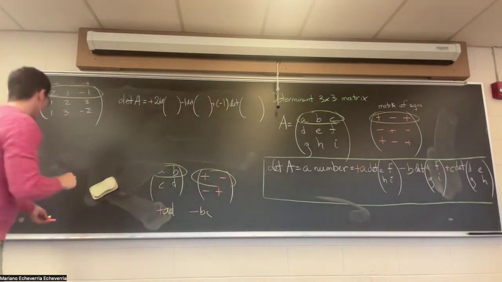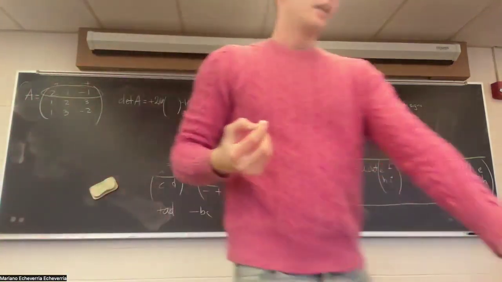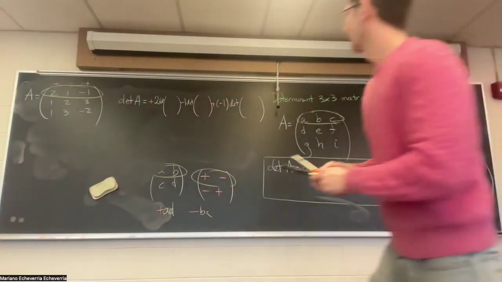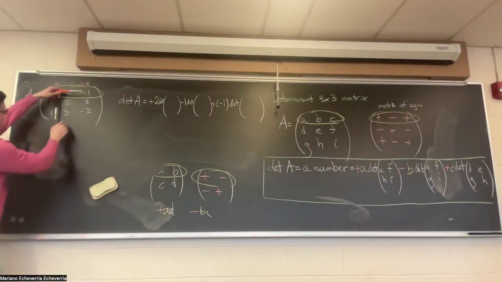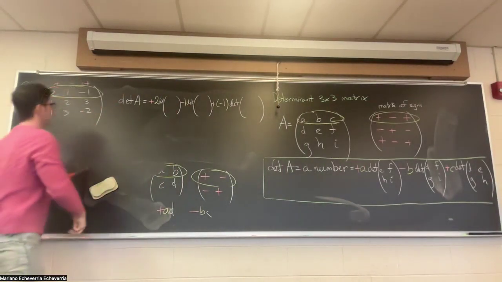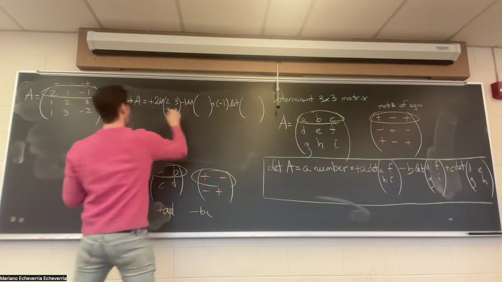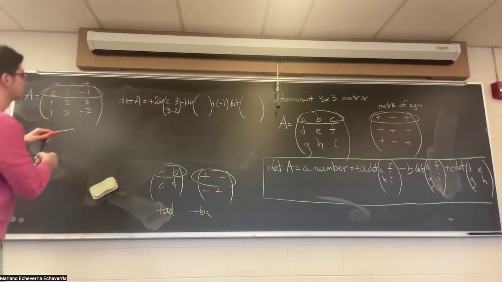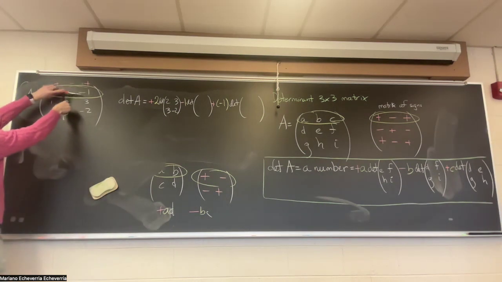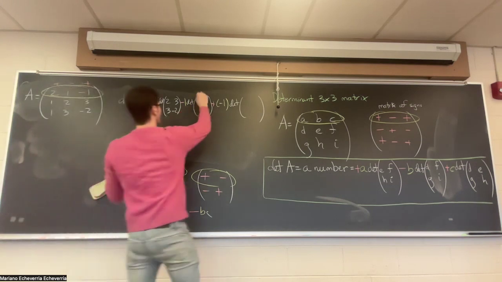So again, what do you put there? You get 2, 3, 3, -2. Then when you delete the one that 1 belongs to, you get 1, 3, 1, -2.